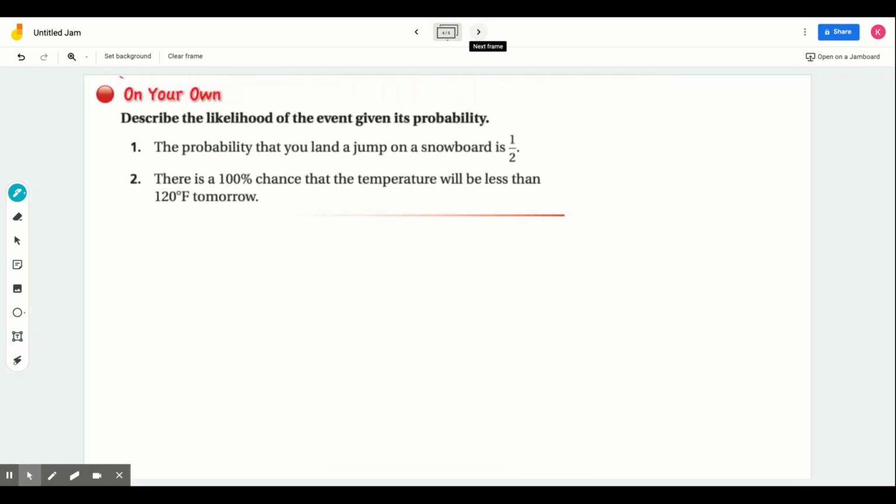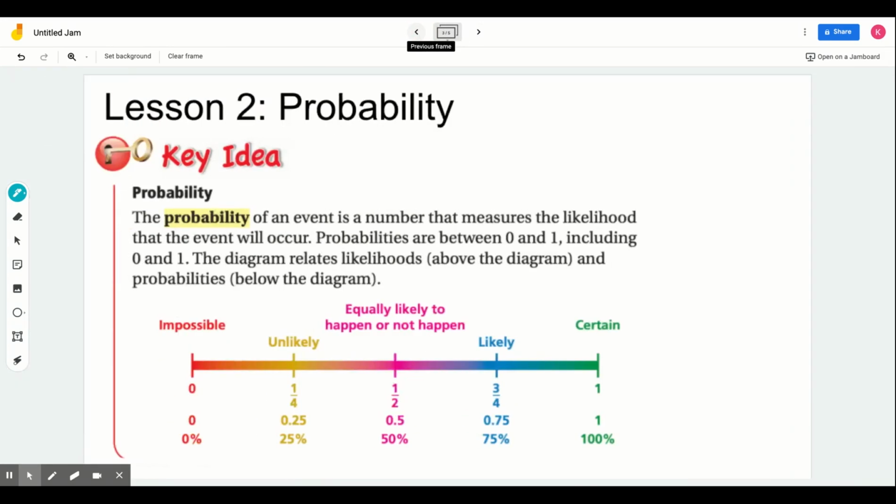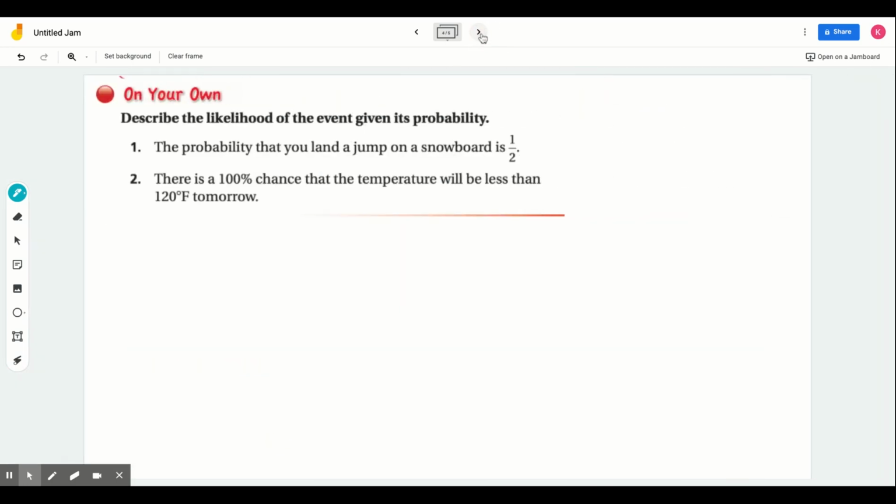Now, describe the likelihood of the event given its probability. The probability that you land a jump on a snowboard is 1/2. If we go back and look at our chart, we can see that 1/2 is here in the middle. Describing that likelihood, we would say that it is equally likely to happen or not happen.